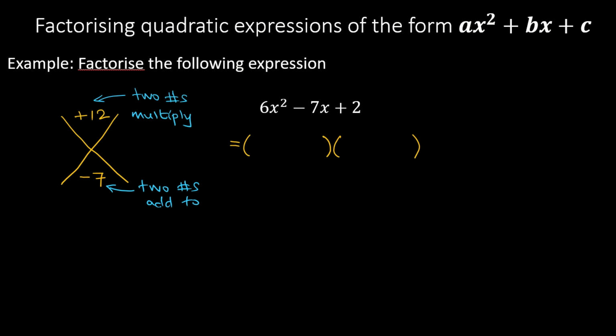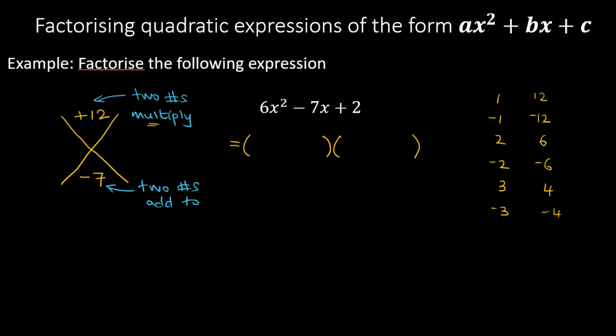What are the 2 numbers? We have to draw a list. The first possibility, we consider the multiplication. 1 times 12 gives 12, or negative 1 times negative 12 gives positive 12. 2 times 6, negative 2 times negative 6. 3 times 4, negative 3 times negative 4.